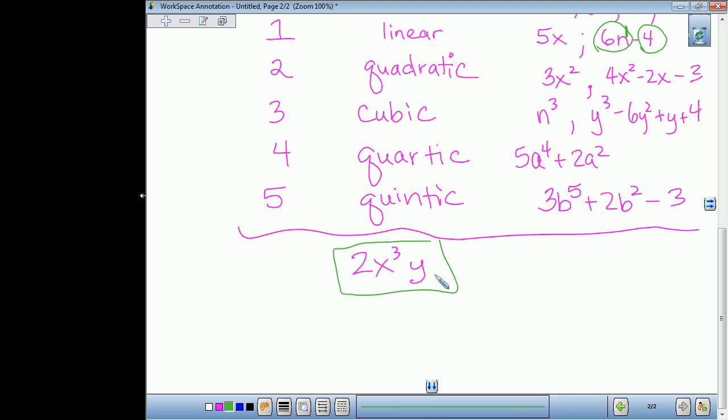There's no pluses or minuses. So it's one term. What we have to do when there are multiple variables is to add those variables. This is an understood y to the 1st, and 3 plus 1 is 4. So this would be a quartic monomial.